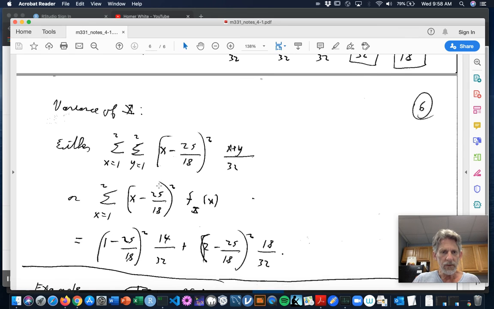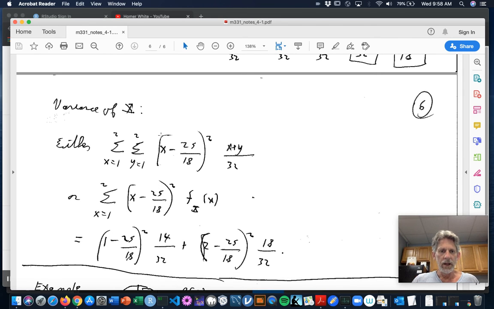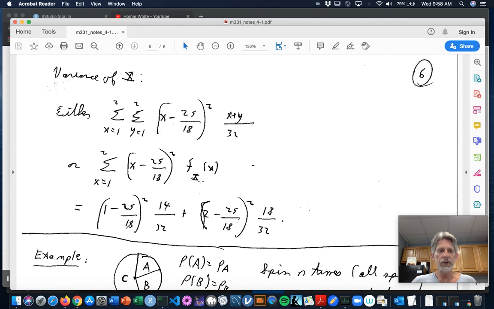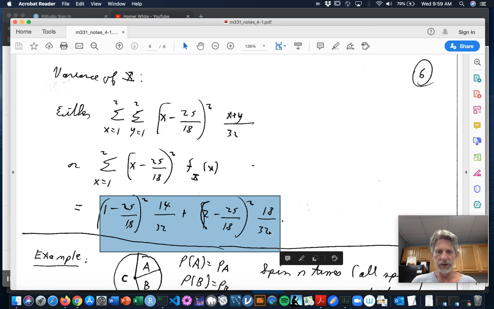And here we are with our x minus our expected value squared, and here we are with our f of xy. So we could do that, but I've got the marginal, so I prefer the marginal. I'll sum over possible values of x minus its expected value squared, marginal. So a little bit quicker work, and I don't even care to reduce it.